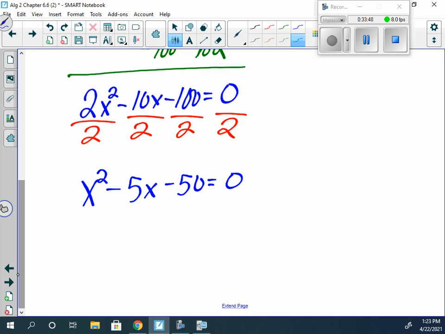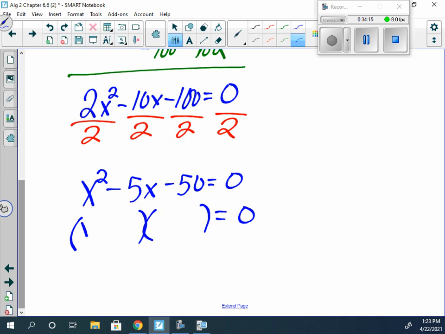So any time we're solving higher degree polynomials, we can divide everything by a constant term, a number, to reduce the terms. If you're trying to factor 2x squared minus 10x minus 100, it is possible, but it's a little bit harder to work with because now instead of just x squared, we have 2x and x. This one here is a little bit easier to work with.